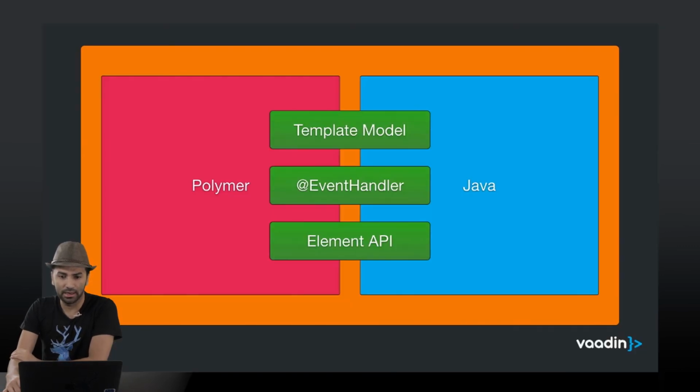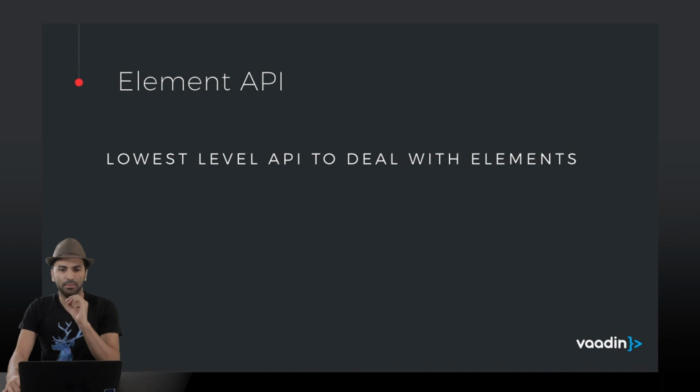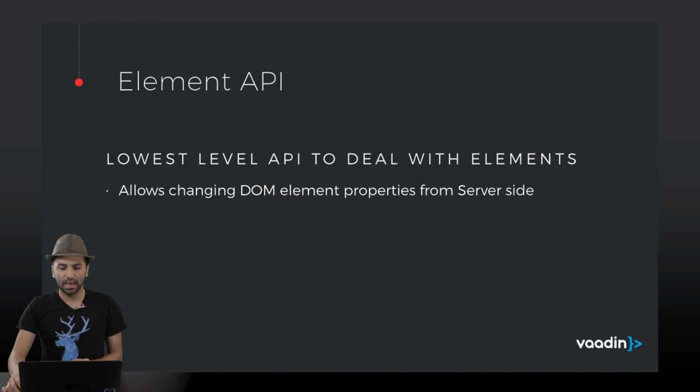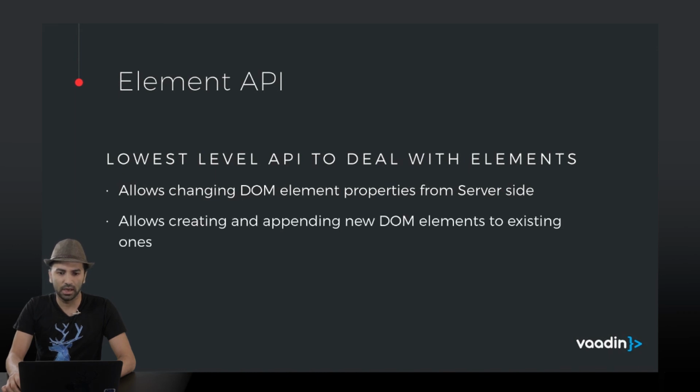And finally, the element APIs. We've got a glimpse about that previously. Element APIs are basically the lowest level way of dealing with elements. It allows you to change DOM element properties from the server side and allows you to create and append new DOM elements to existing ones.